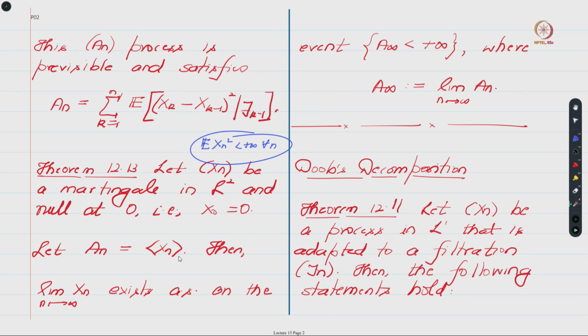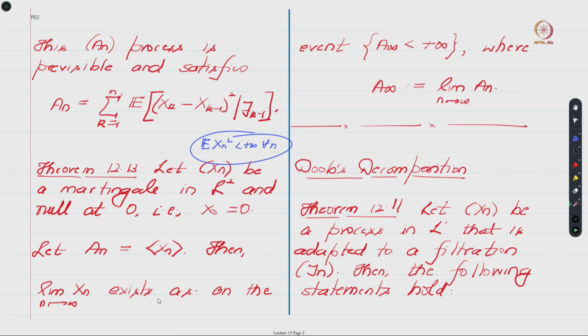What this result says is that the limit of Xn exists almost surely on the event A infinity less than infinity, right. An is this sequence, and since Xn is a martingale, one can show that An is an increasing sequence, and because An is increasing, A infinity exists. A infinity is a random variable, so this is an event, and the result says that on this event almost surely the limit exists.